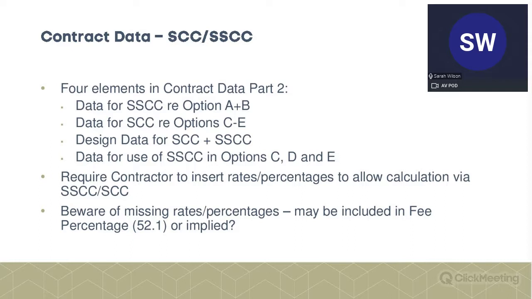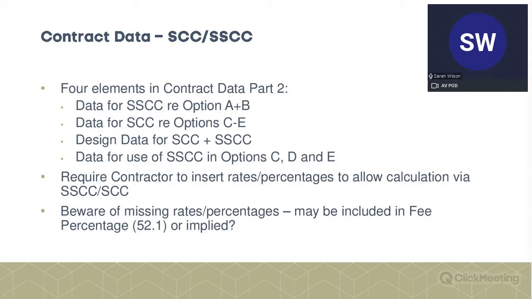It sort of suggests the assumption would be that there is no percentage and therefore no overhead and profit, no entitlement to overhead and profit. And ditto, the other information that's required, if it's not filled in, then the suggestion is there's no entitlement to that money.